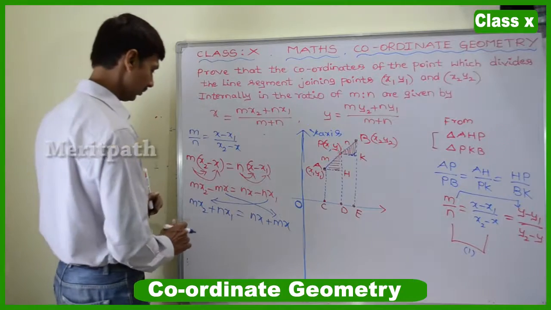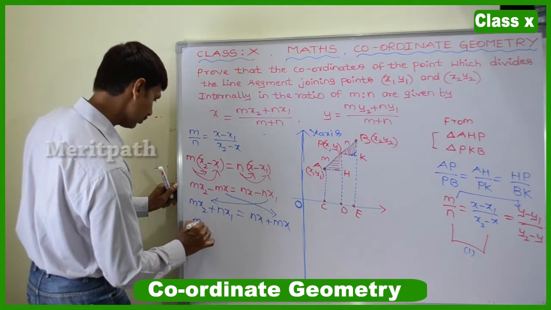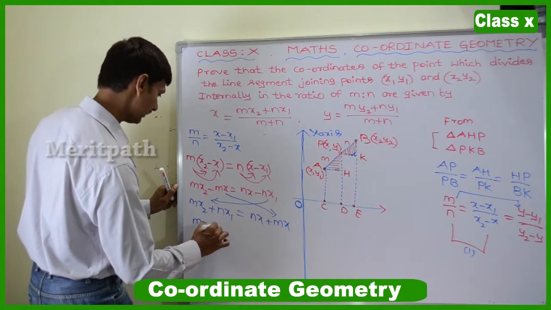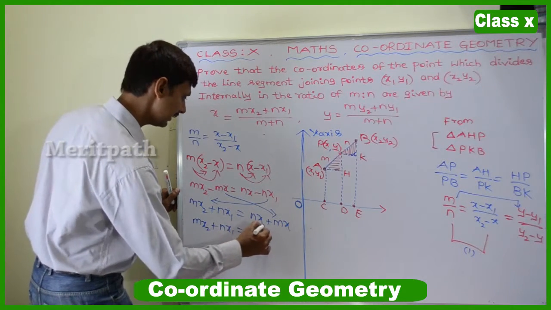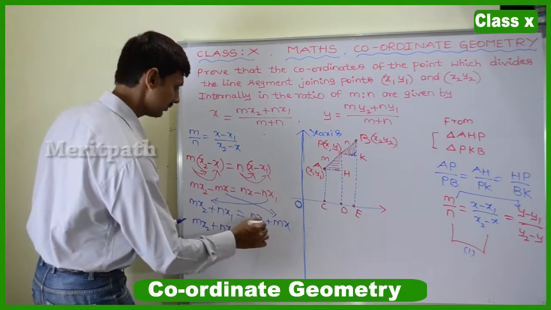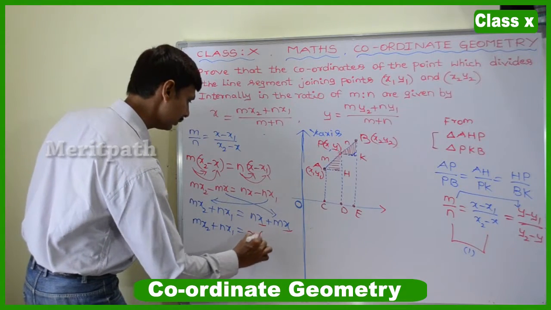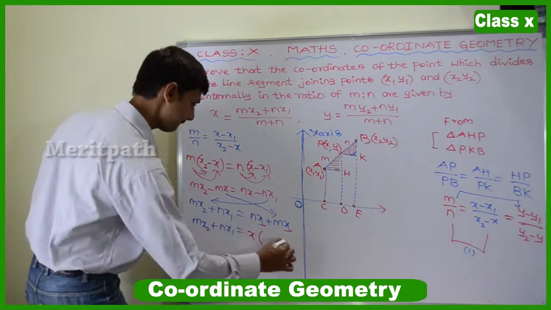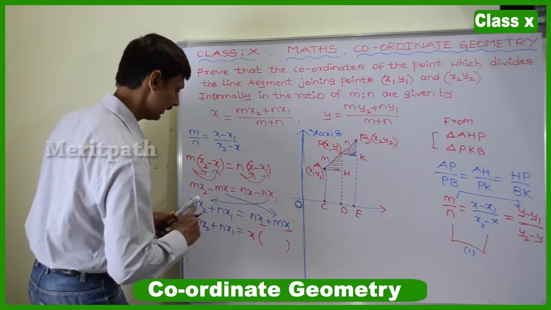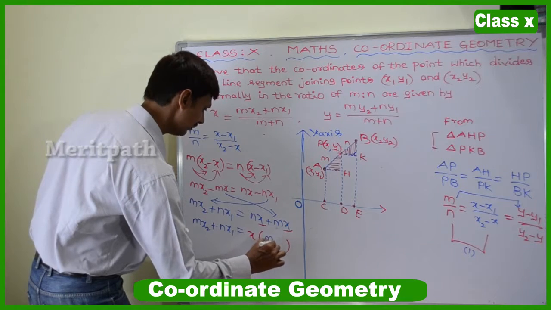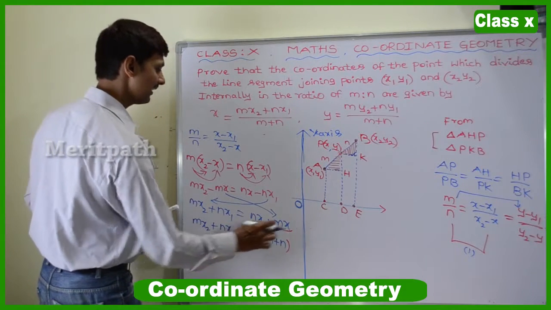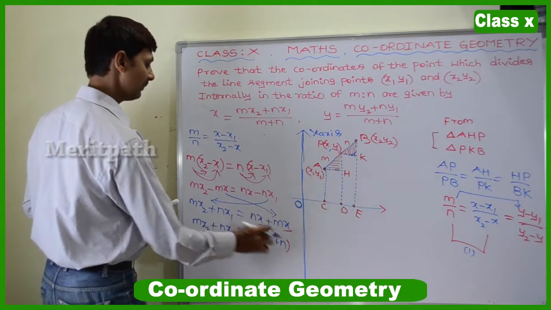In this, mx2 plus nx1 is equal to nx plus mx. We can see that x is common, so let us take x common: x into m plus n.